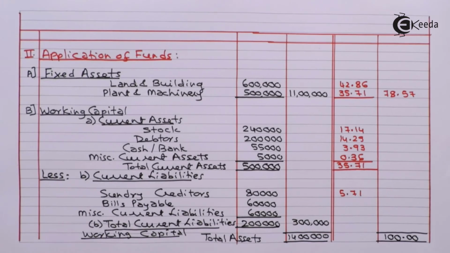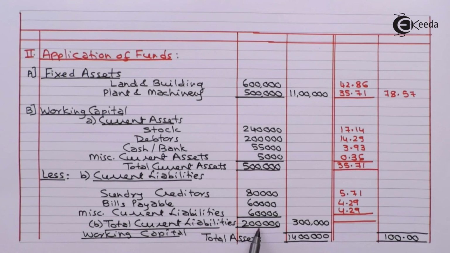Sundry creditors 80,000 divided by 14 lakhs multiplied by 100, 5.71%. Bills payable 60,000 divided by 14 lakhs multiplied by 100, 4.29%. Miscellaneous current liabilities 60,000. So again it will be 4.29%.